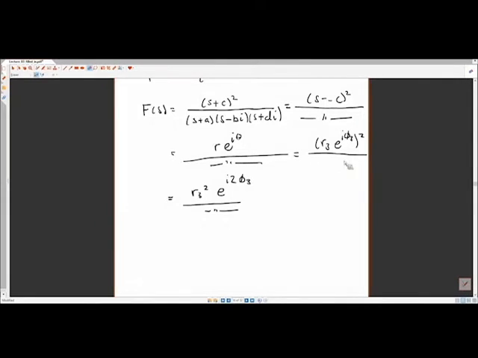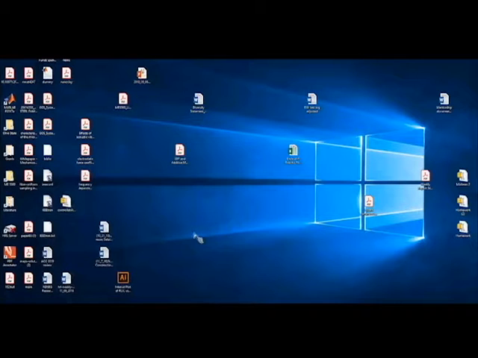This would be R1 e to the i phi 1, R2 e to the i phi 2, and R4.